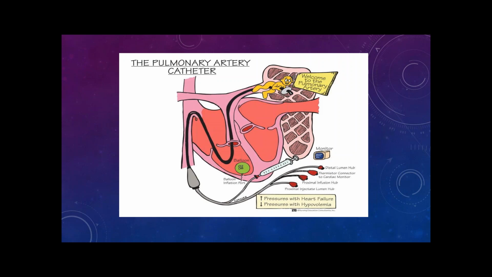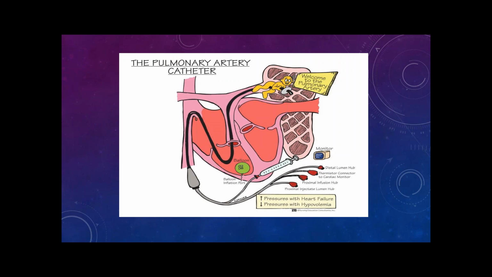Once it gets into the pulmonary artery, you have to remember that we go from arteries to arterioles to capillaries, and then we go to venules and venous. So things continuously narrow down and get smaller and smaller. So eventually the balloon will not be able to move forward because it will be in too tight of quarters.